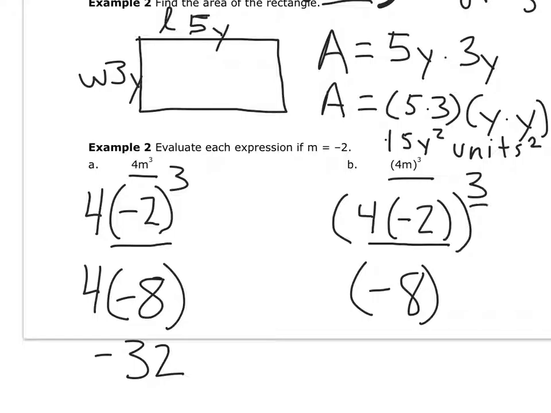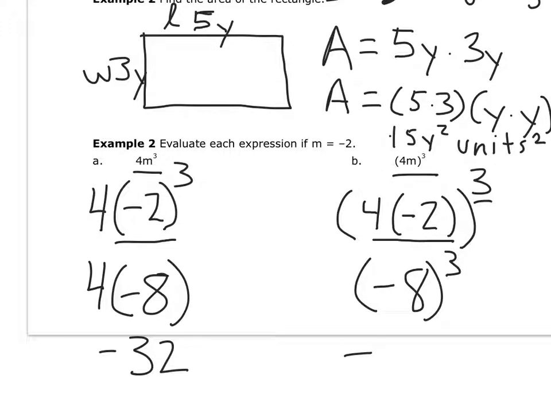And then this exponent of 3 stays there. So then I have to do -8 times -8 times -8. Negative times a negative times a negative is a negative. And then 8 times 8 times 8 is going to be 512. So notice the difference between having the parentheses and not. It changes the order of operations, so make sure when you are substituting, you substitute carefully.